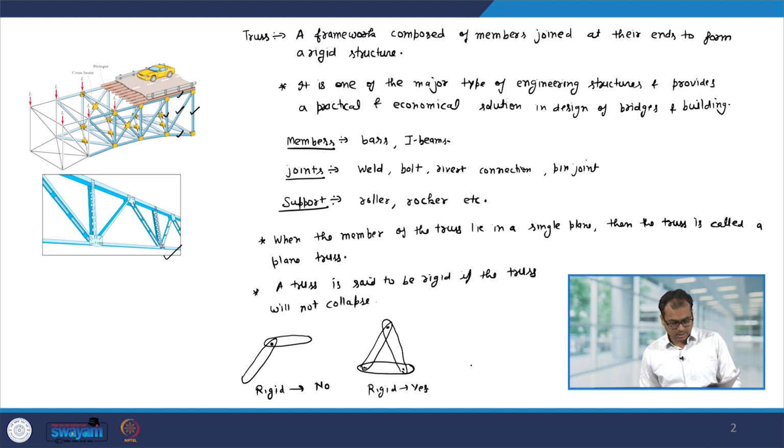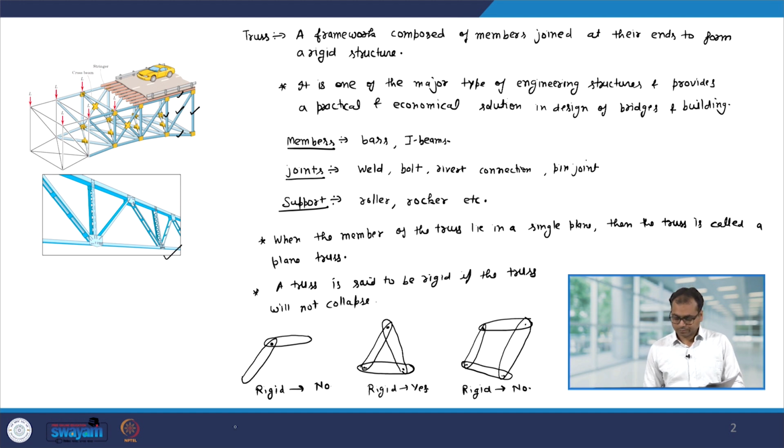Now, let us look at this structure. Suppose this time I have 4 bars. If you give this structure the freedom to rotate about these points, then you can see by yourself that this structure will not be sturdy and it will fall down. So, again this structure is not a rigid structure.